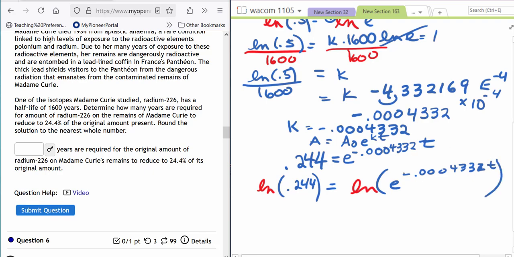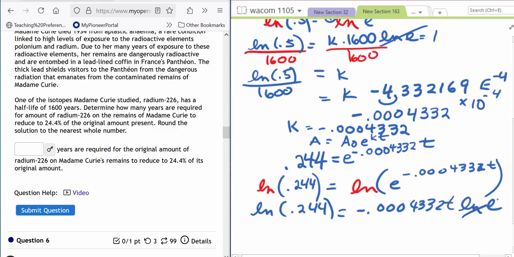This will come down. So ln of 0.244 equals negative 0.00043332 t times the ln of e, which we don't need because that's equal to 1.